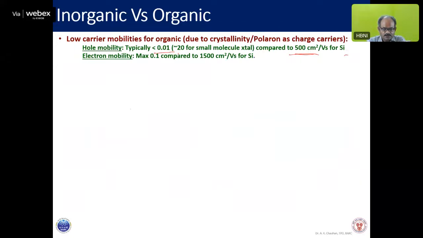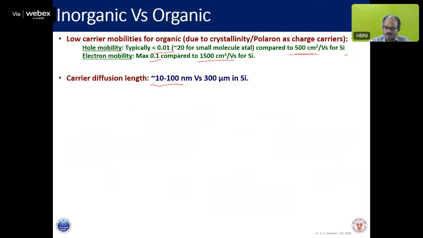And the electron mobility is about 0.1, as compared to very high, about 1500 centimeters square per volt second for silicon. So the mobility is low. The carriers which you have generated move relatively with a very low speed. Then carrier diffusion length is obviously low as compared to silicon. In silicon, it is approximately 300 micron.